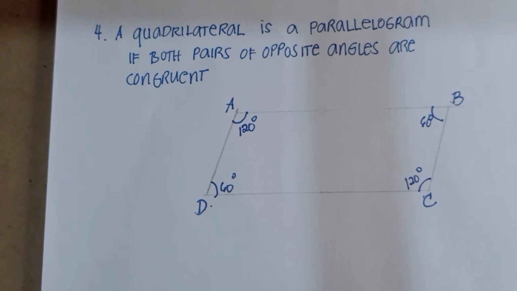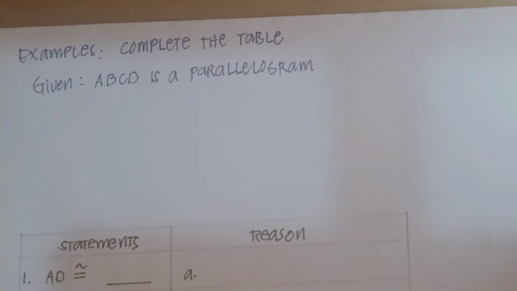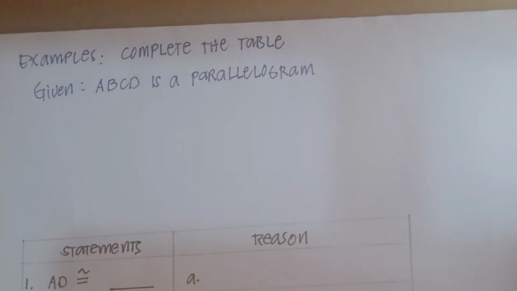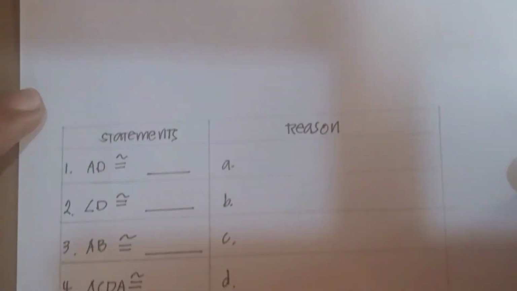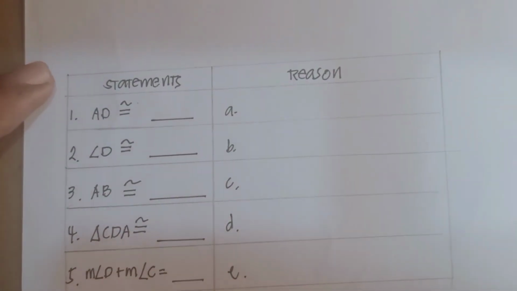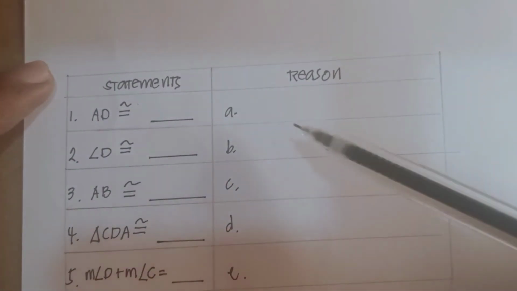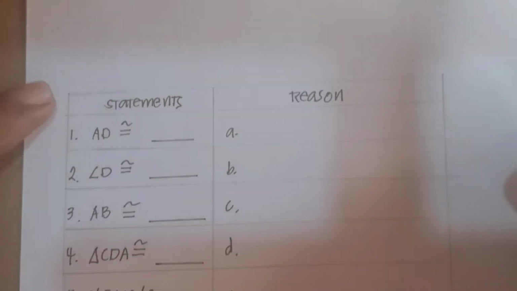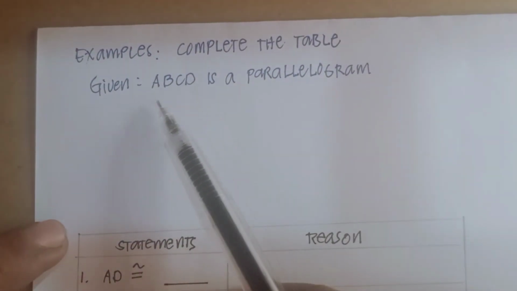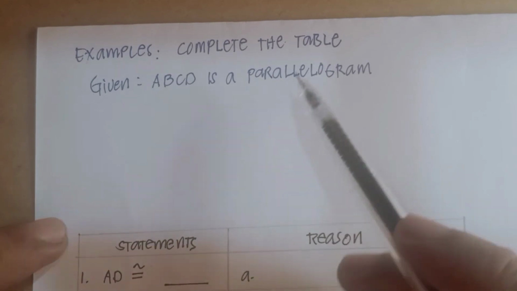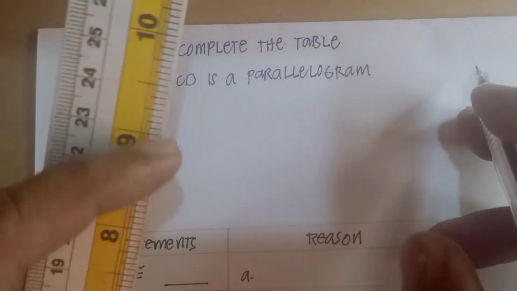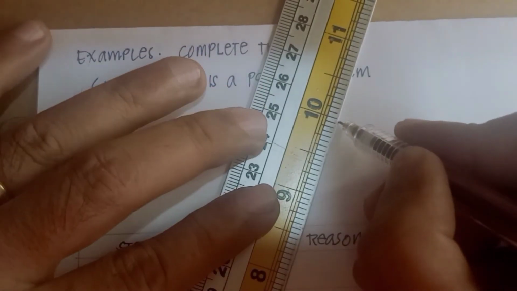Punta tayo sa examples. Okay, so let us have some examples. Let us complete this table right here. May mga given dyan, and then may mga blank, and then you reason out. Ang given daw natin is ABCD is a parallelogram. Okay, mag-draw tayo ng parallelogram na ABCD.